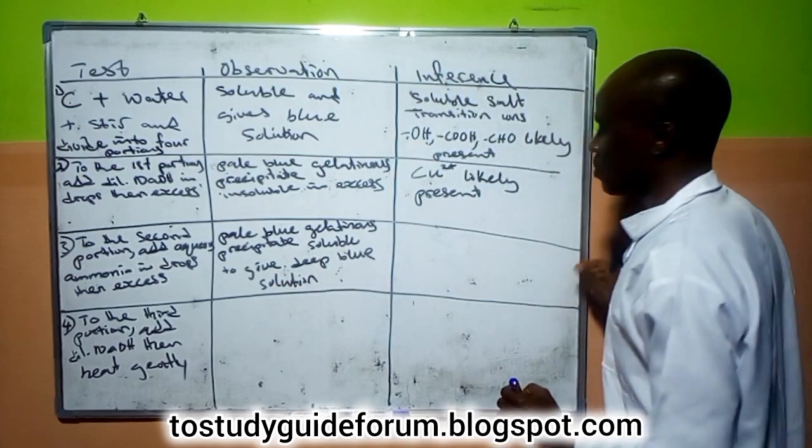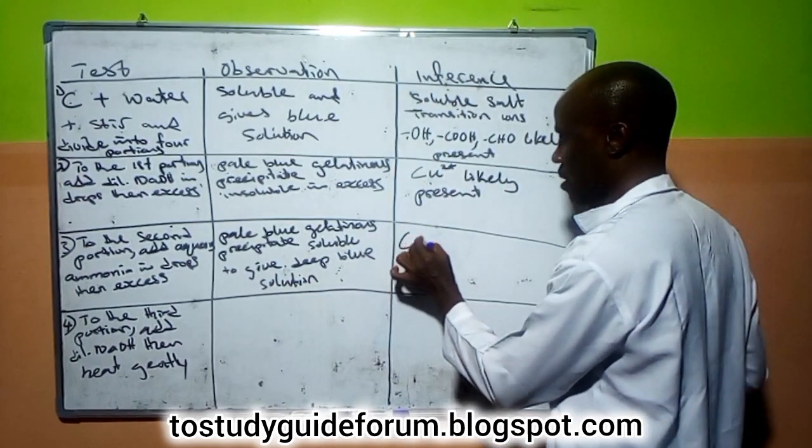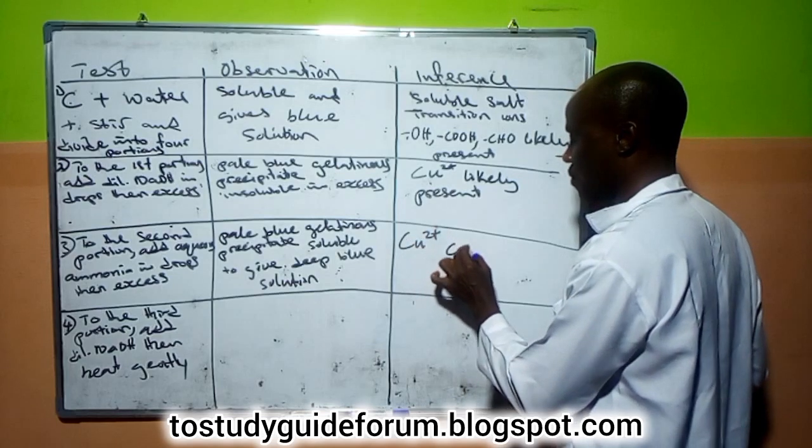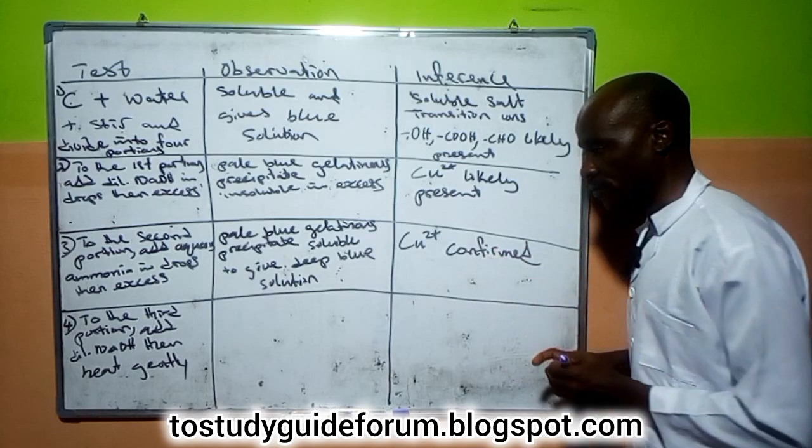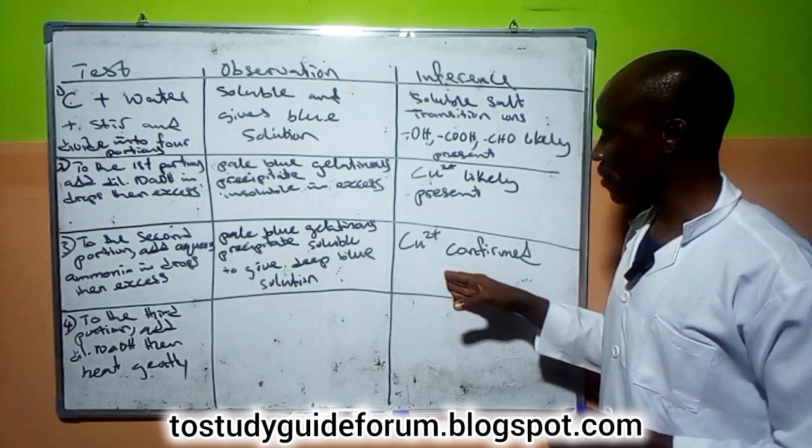So in our inference, what we can infer here is that copper 2 ion is confirmed. Copper 2 ion is confirmed in this case.